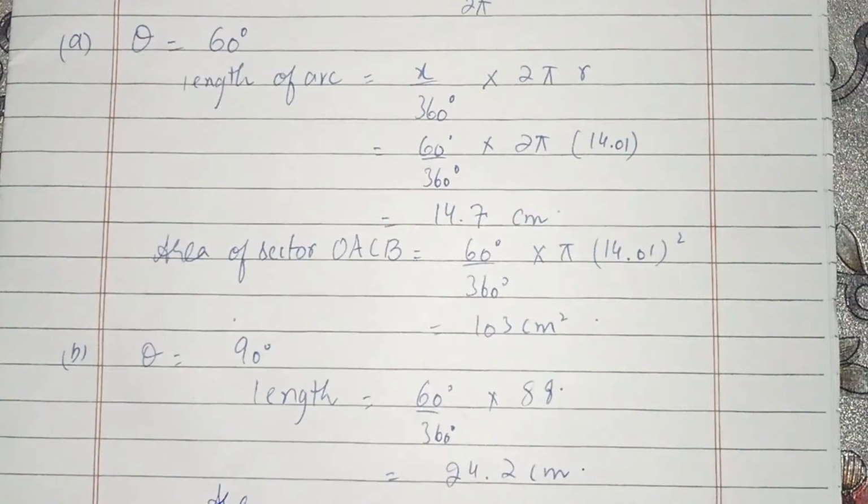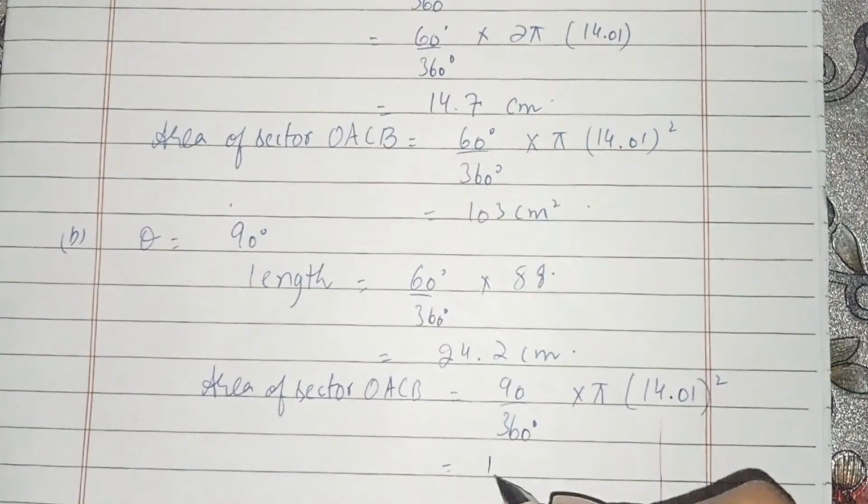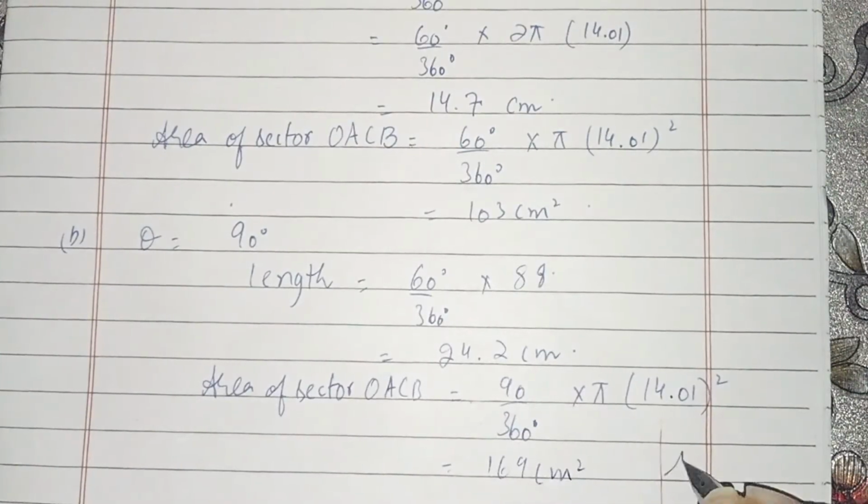And area of sector OACB is 90 over 360 degrees multiplied by pi 14.01 square, and by solving it on calculator we get the value 169 centimeter squares.